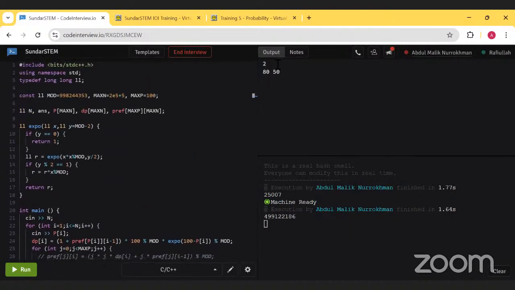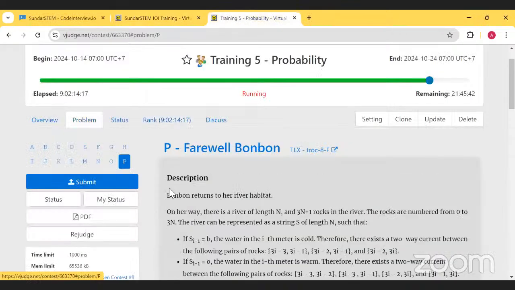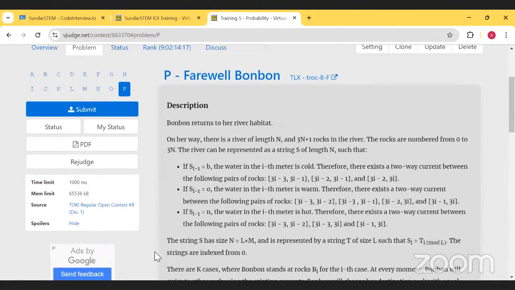Okay, and then for the final problem, I think I have not yet explained to you the detail of the solution.